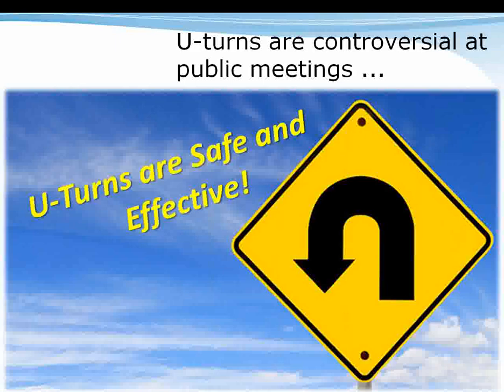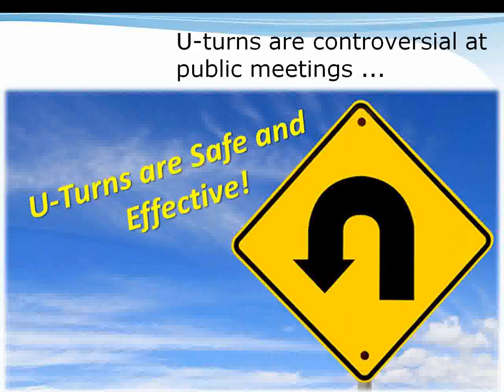In order to make restrictive medians and access management work, U-turns are generally increased along our roadways. And at public meetings, we find that there are a lot of comments about U-turns.